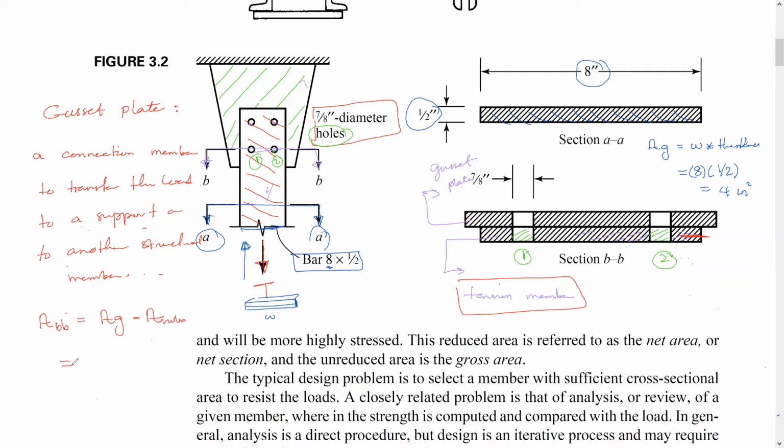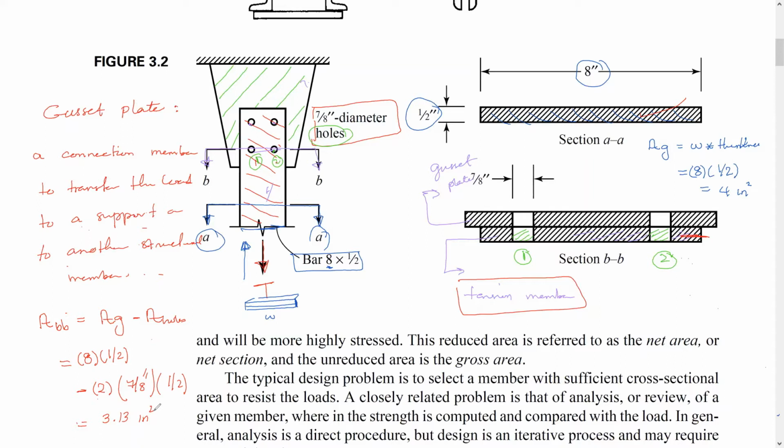The gross area, as we did calculate it here, is equal the width times the thickness minus how many holes we do have in this section, we do have two, 1, 2. So this is 2 holes, okay? So how much the diameter for these is 7/8 inch, and the thickness is 1/2, is the same, okay? So in this area, you will see that the area is 3.13 inch square at the section, let's say BB.